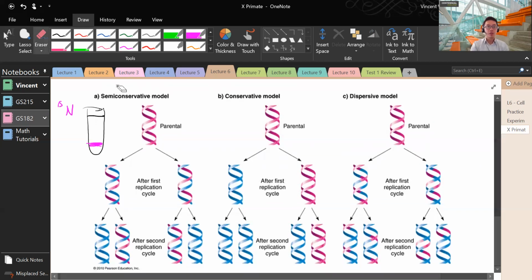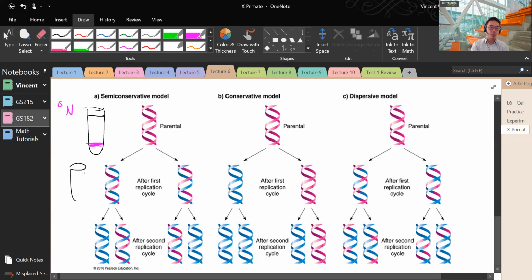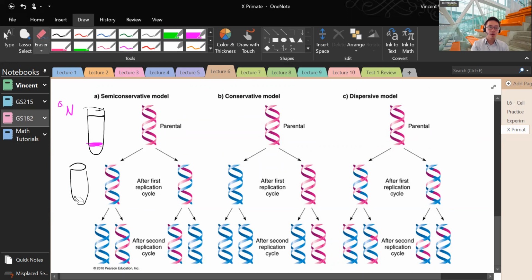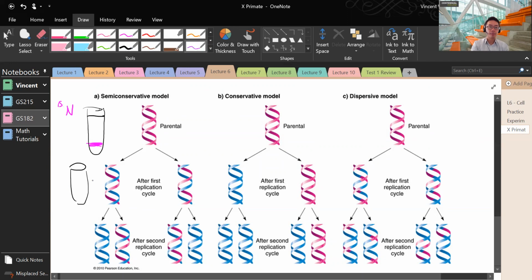So if it's the semi-conservative model, what that means is you are going to separate the two parent strands, so one pink parent strand on each of the new chromosomes, and then you're going to build another one with N14. If I take this sample and spin it down, instead of having a single N15 band at the bottom, you're going to have a band that's in the middle.